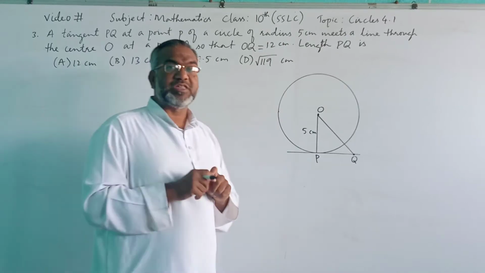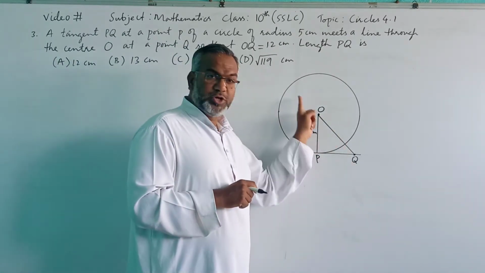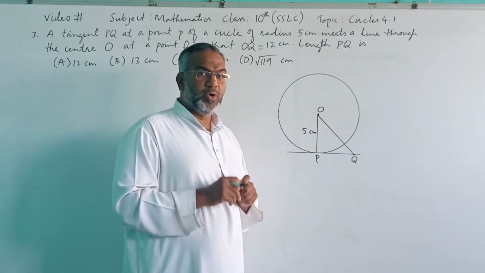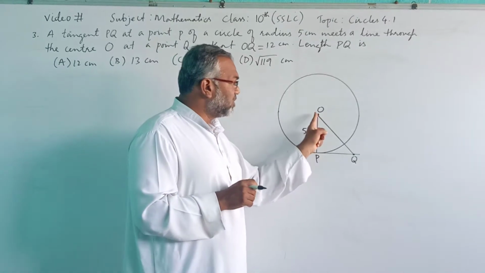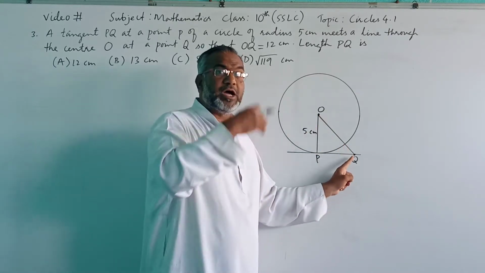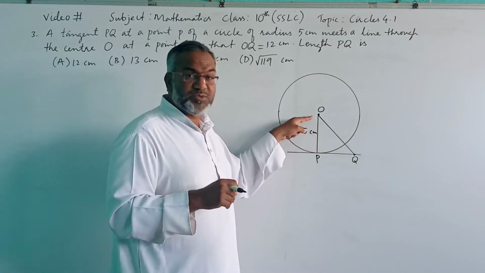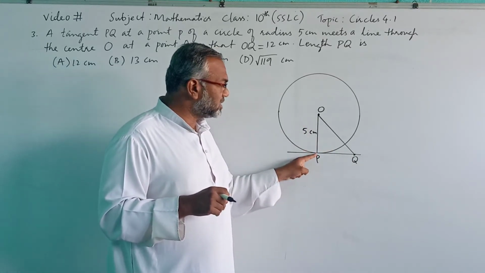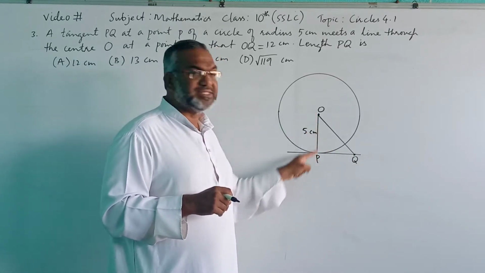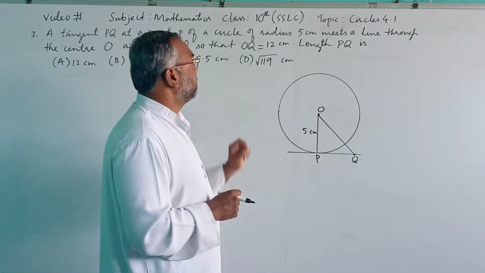Is OQ the radius? No, OQ is not the radius. Why? Because OQ is the distance from the center to a point outside the circle, and we know that radius is the distance from the center to the circumference. So OP is the radius, right?